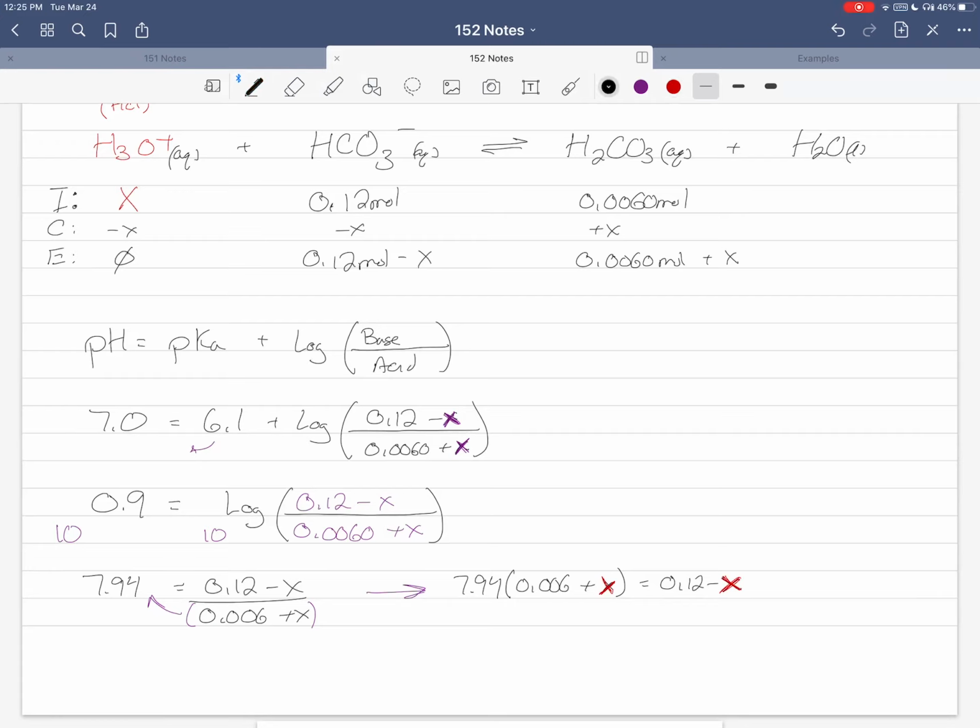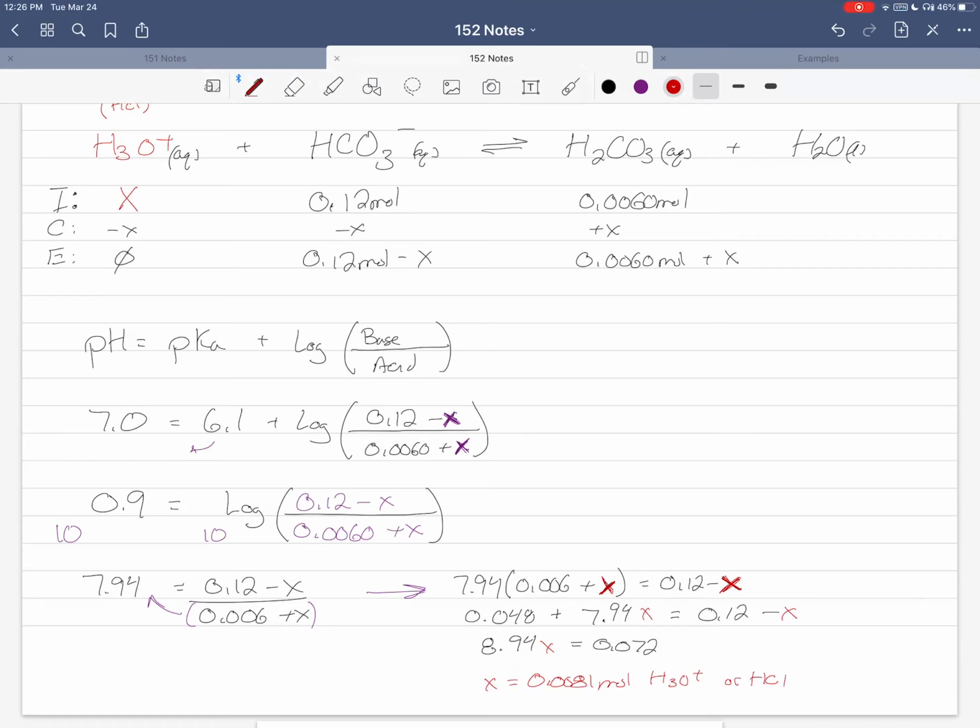So then we do the math. 0.048 plus 7.94x equals 0.12 minus x. All right, so then I get 8.94x equals 0.072. X equals 0.0081 moles of H3O plus, or HCl.